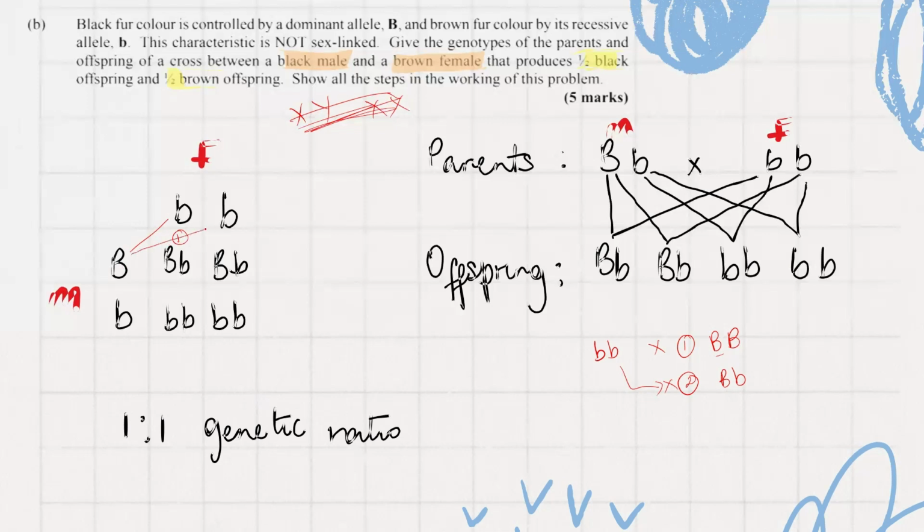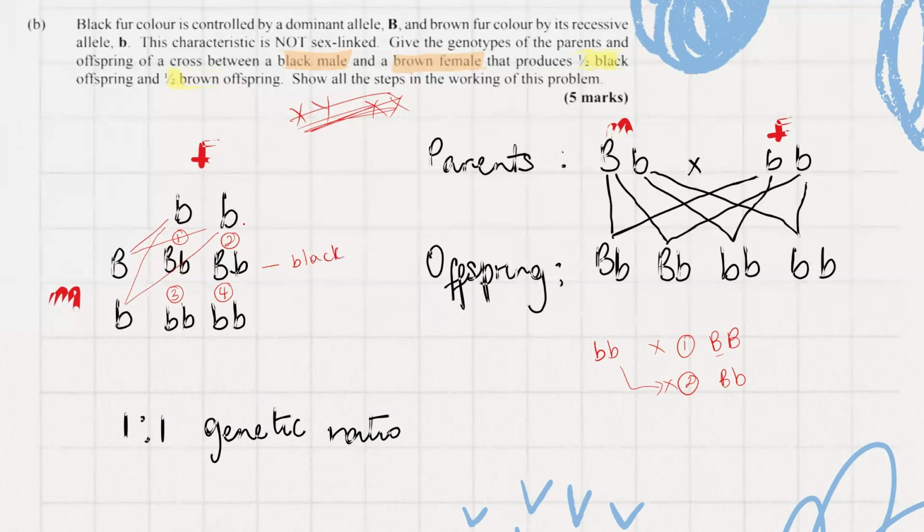Then we have big B times small b, this is our second one. Now we go to the second line, we have small b by small b, and then this next one, small b by small b, which will give us number 4. So number 1 and 2, they have the dominant allele.